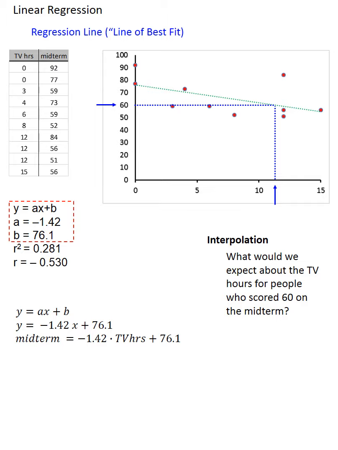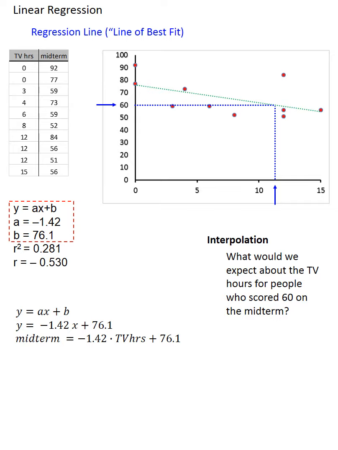By the way, I'm not sure that that's necessarily a super strong correlation. You'll notice the correlation coefficient is negative 0.53. I wouldn't call that an extraordinarily high correlation, but nonetheless, our prediction is maybe 12 hours of TV for this group of people.